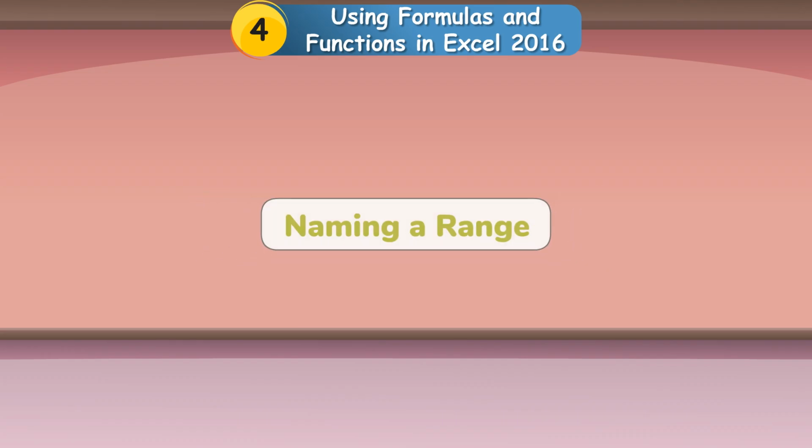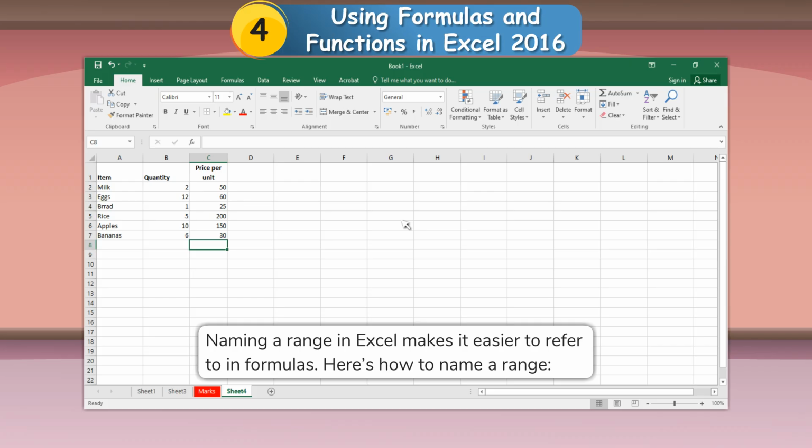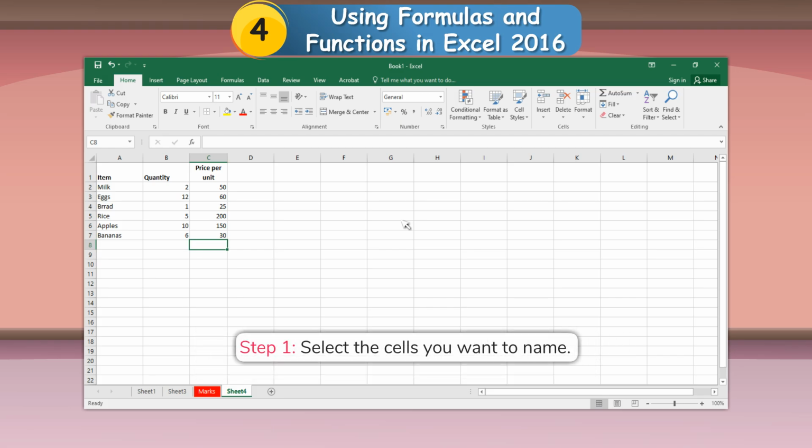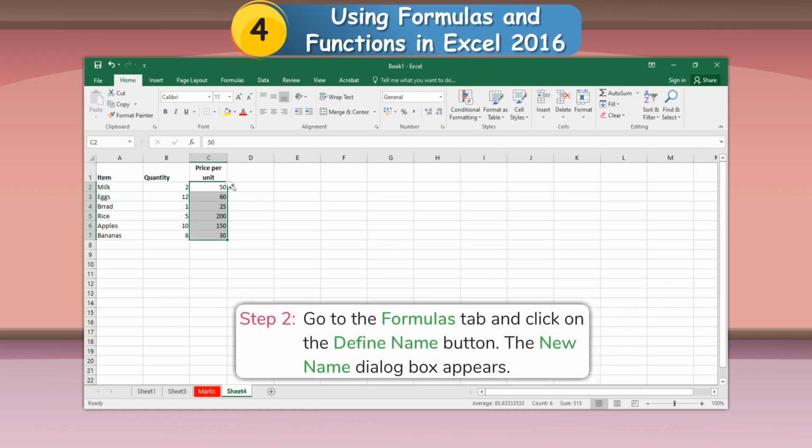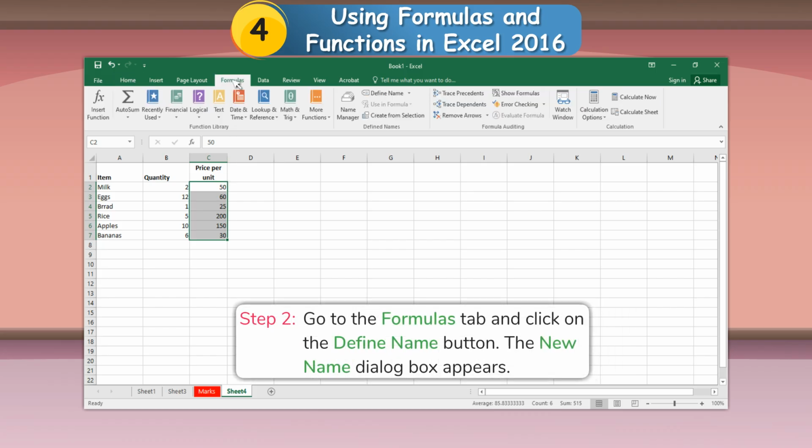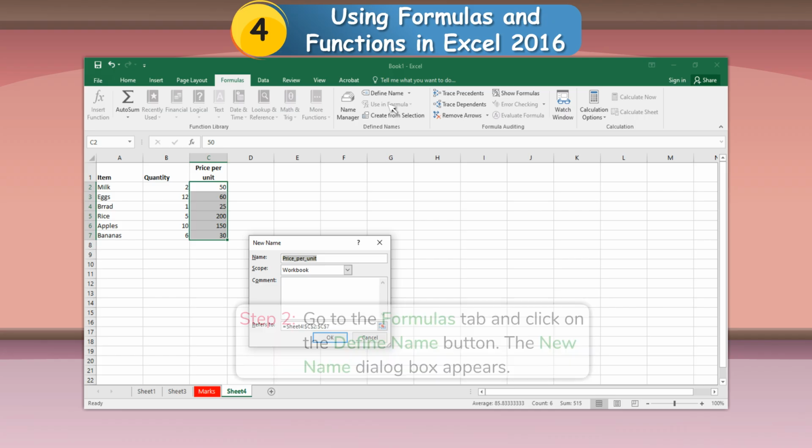Naming a range. Naming a range in Excel makes it easier to refer to in formulas. Here's how to name a range. Step 1. Select the cells you want to name. Step 2. Go to the Formulas tab and click on the Define Name button. The New Name dialog box appears.